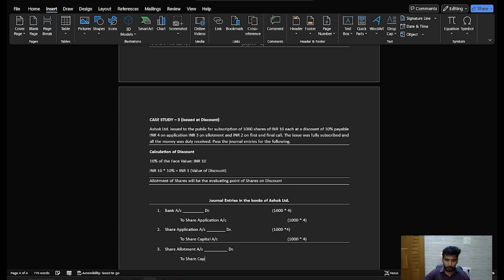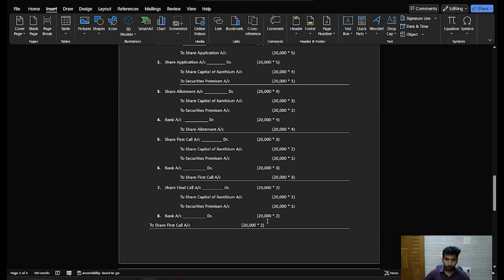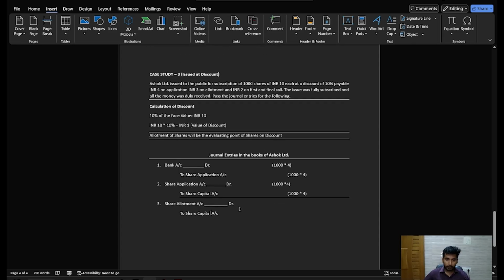to share capital account. अब हमने अलॉटमेंट ड्यू कर दिया, share capital of Ashok Limited.